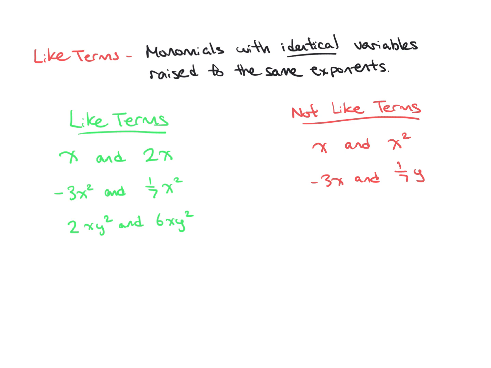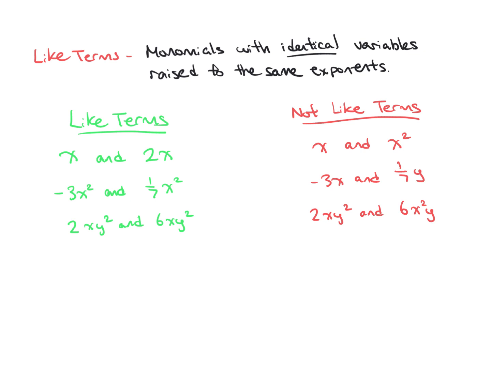So an example of what's not like terms, I'll start with 2xy squared again. But for the other one, if I say 6x squared y, those are not like terms. They have the same letters, x and y, but the exponents are not matching. It has to be the same exponent for the same letter.